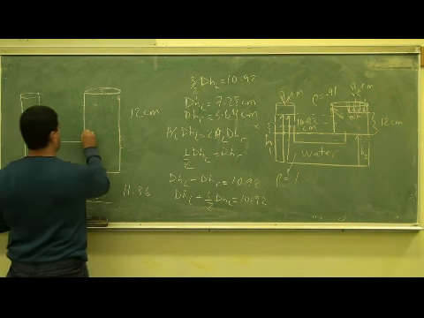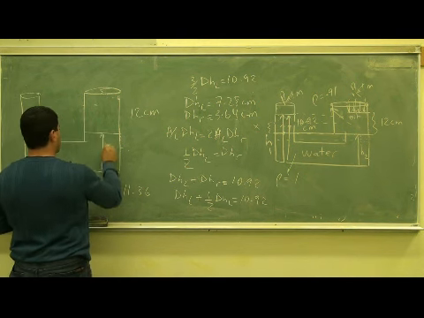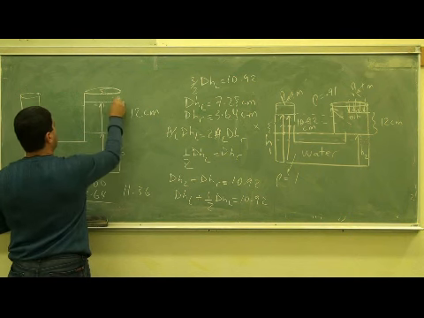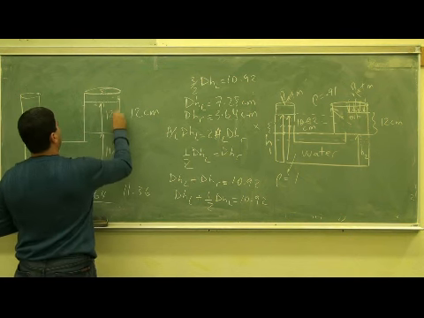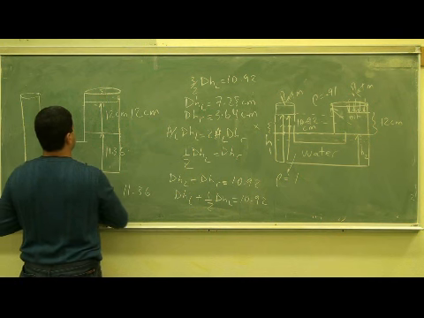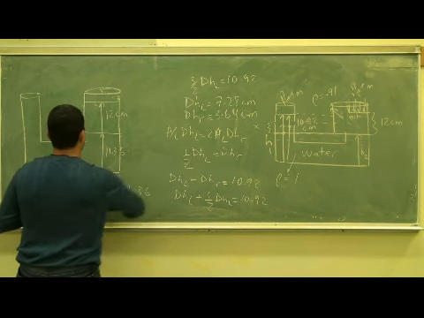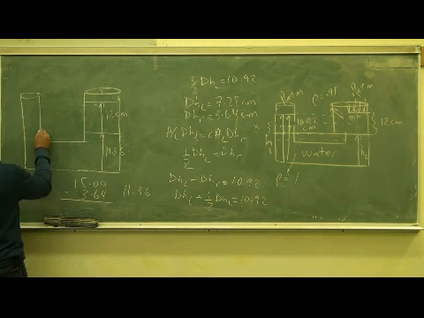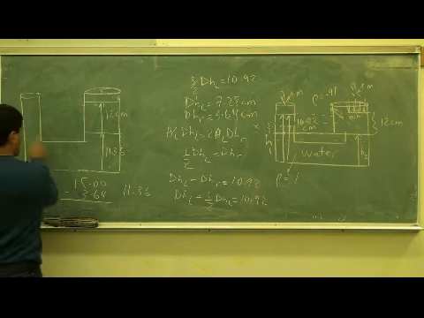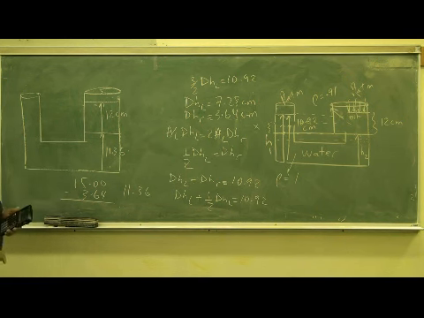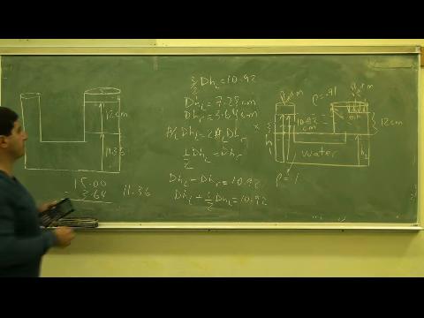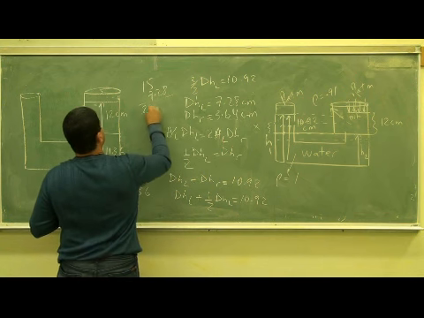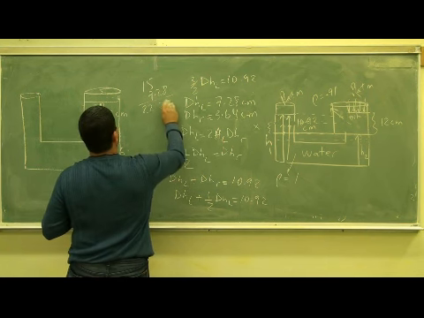So the new height of the water here is 11.36, and you have 12 centimeters of oil. And then the height on the other side originally was 15 centimeters. On top of that, 7.28, that's 22.28.